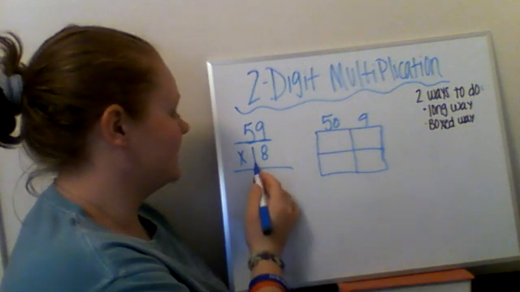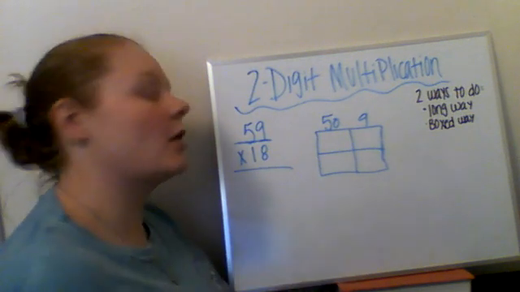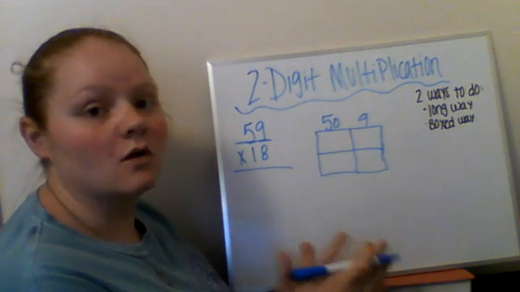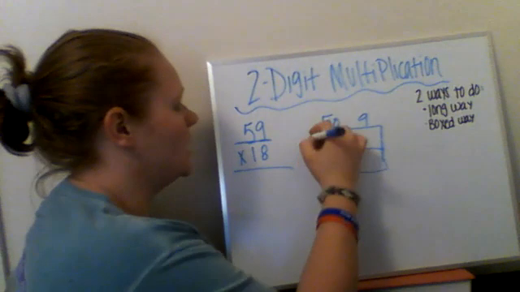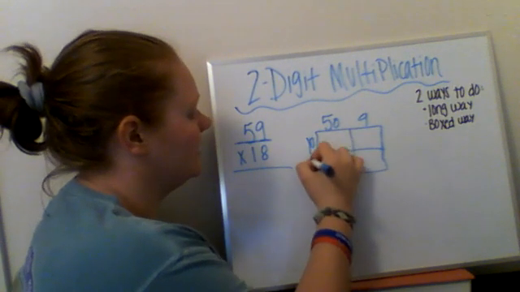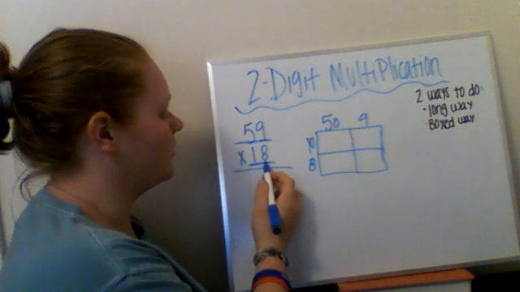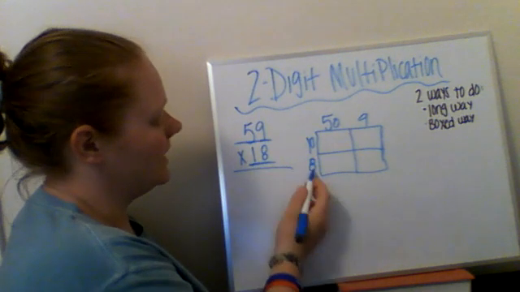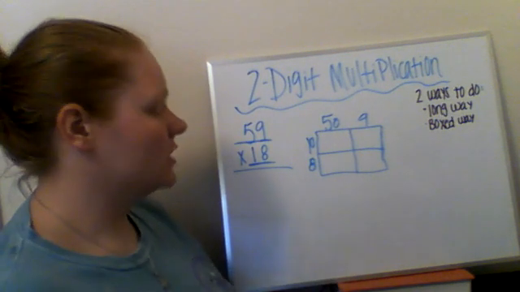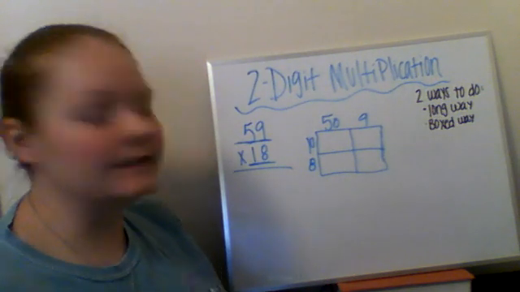If I do that same thing with 18, break it apart to show what's in my tens place and ones place, it would be 10 and 8, because 1 is in my tens place, 8 is in my ones place.